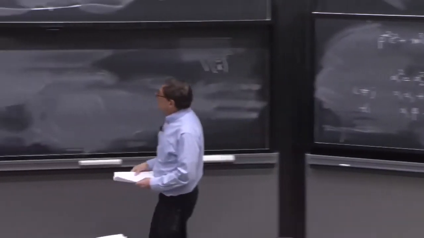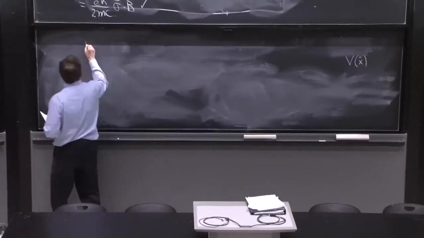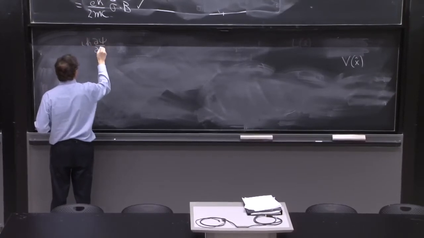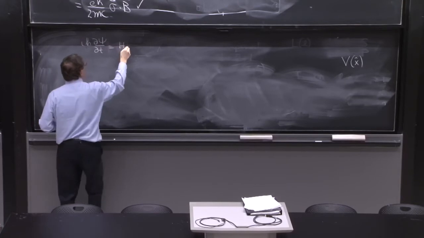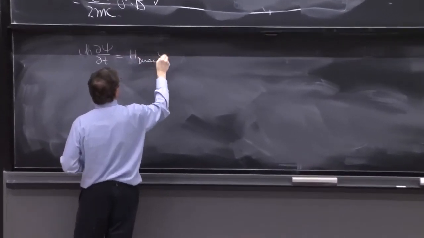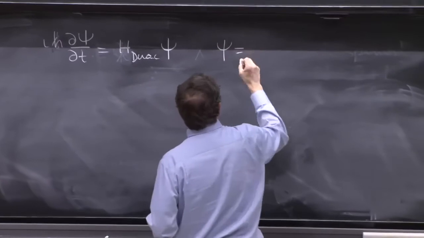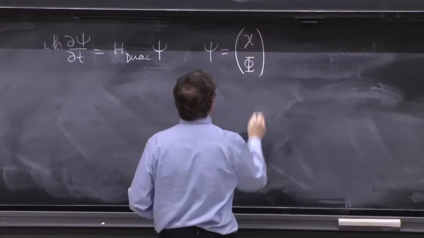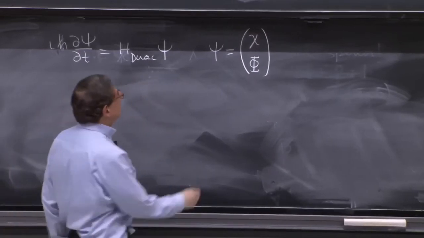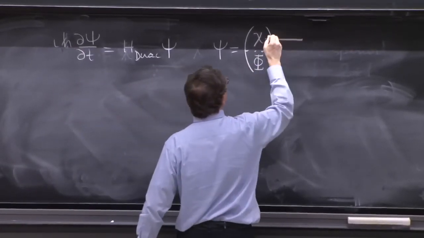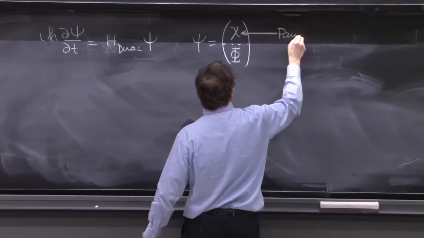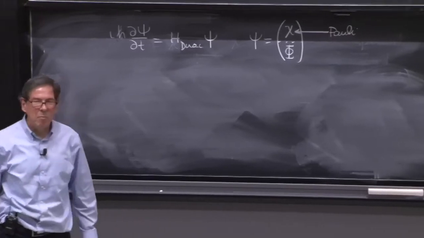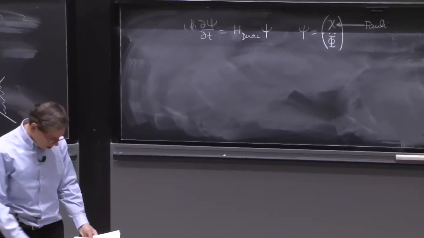So when you write the Dirac equation as i h bar d psi dt equal H Dirac psi, psi is a 4-component thing, a chi and a phi. And what people discover is that chi behaves like the Pauli spinor, and this one is a small thing, a small correction.